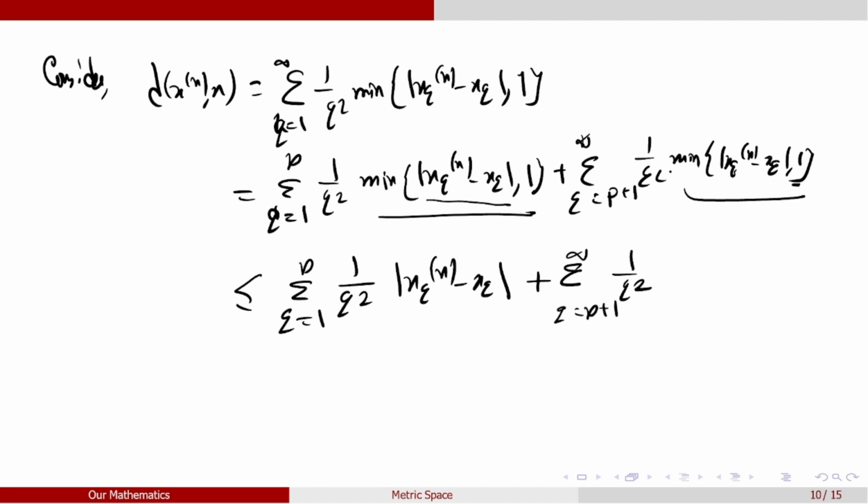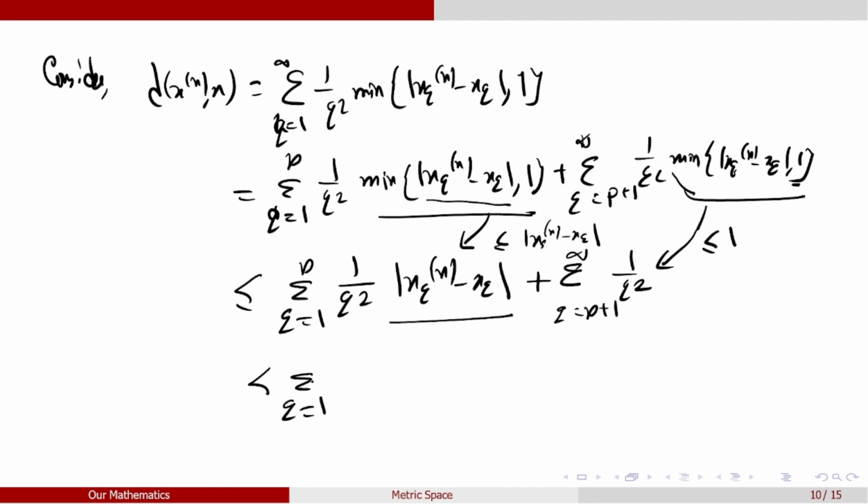Now the first is strictly less than 3 epsilon by pi square, and the second is less than epsilon by 2, whenever n is greater than or equal to N.